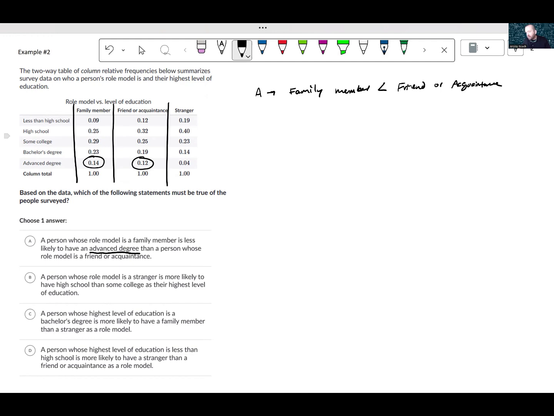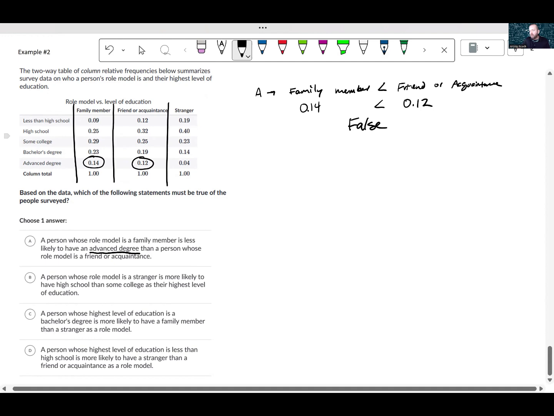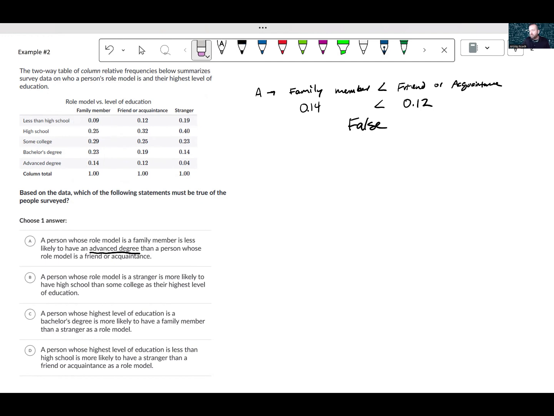It looks like the family member is 0.14, and the friend or acquaintance is 0.12. And so that is a false statement. That is not true. We can compare these two values because we're looking at the columns here, and the columns add up to 100% for both of those columns.